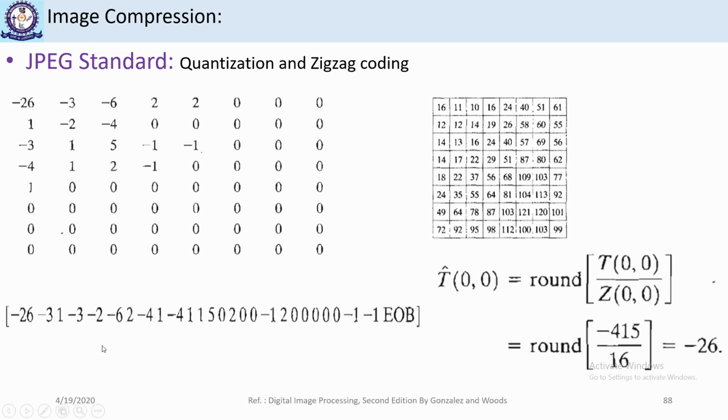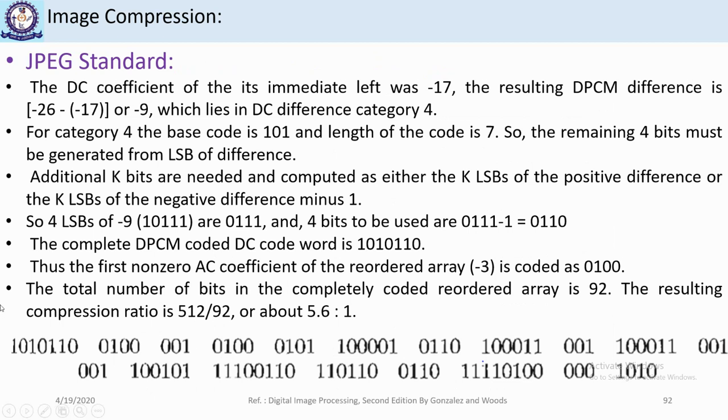Now let's understand how the entropy coding is done for this 1D array. So first let us code this minus 26 DC coefficient. We have discussed that DC coding is done using DPCM, differential pulse code modulation. So what is done in this?